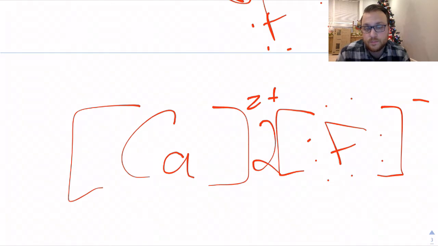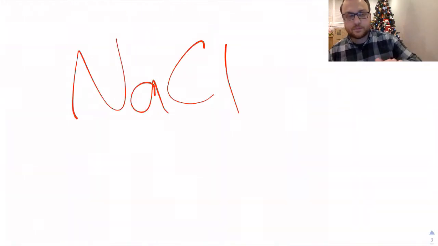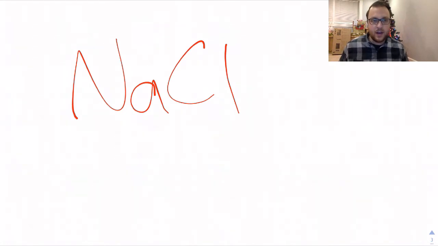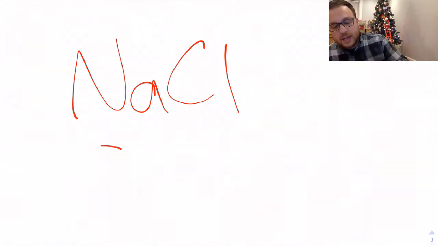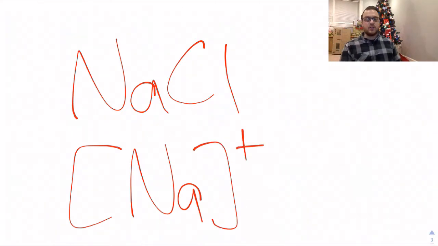So the general idea behind drawing any ionic compound, let's say you were doing NaCl. Take Na, put it in brackets with its charge. Always take the metal, put it in brackets with its positive charge, and draw no dots around it, because it's a metal.